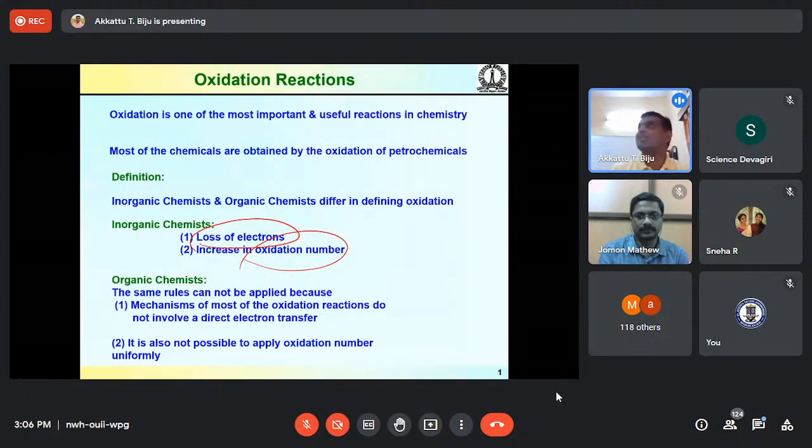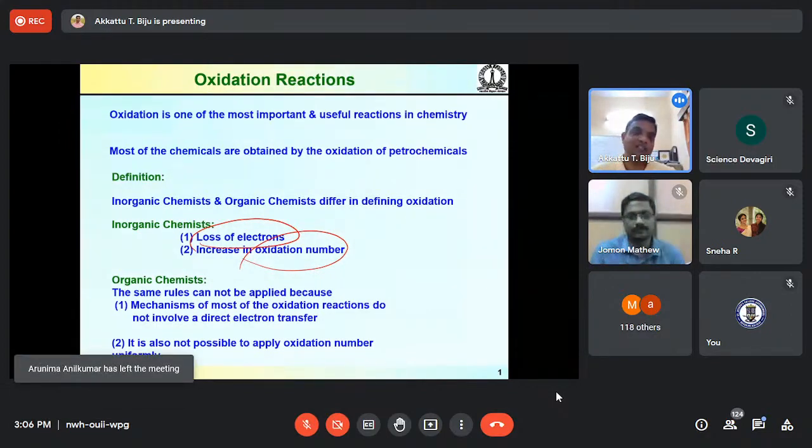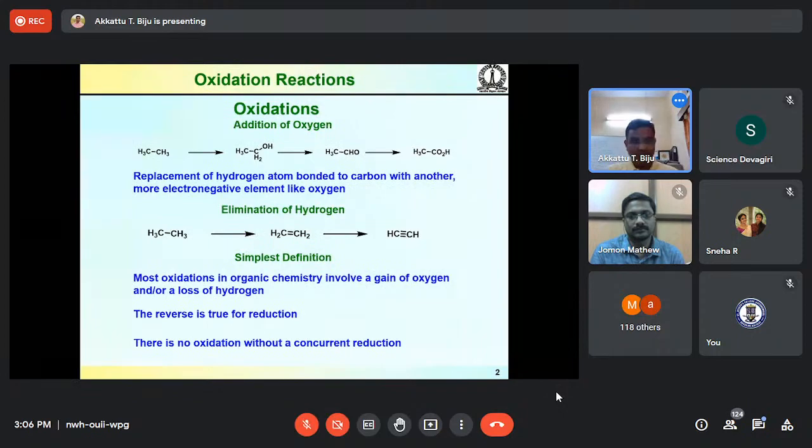In organic chemistry, we often cannot see an oxidation process that involves a direct or visible electron transfer, and hence in the organic chemistry context, oxidation is defined as the addition of oxygen or the elimination of hydrogen. So an oxidation reaction is otherwise known as the addition of oxygen.